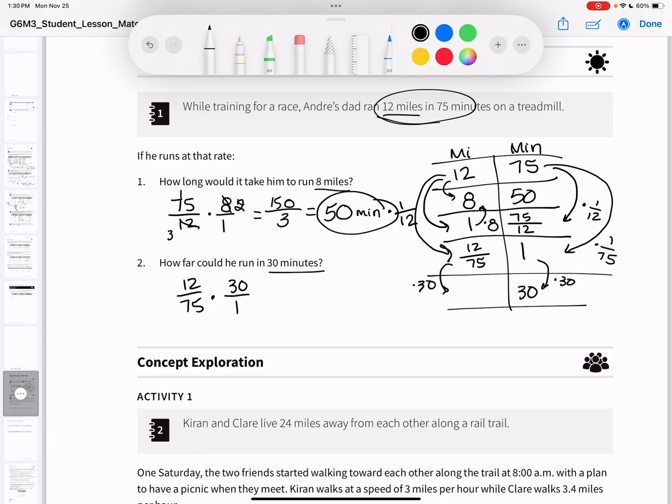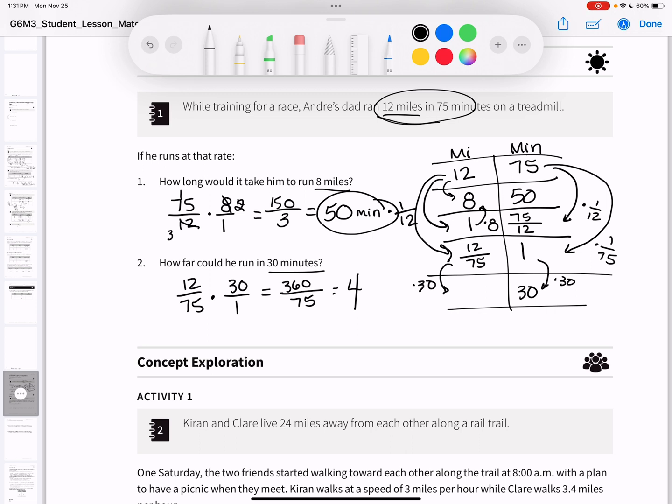Okay, so let's do that. 12 times 3 is 36. That's 360 divided by 75, right? All right, so how many times does 75 go into 360? Well, it goes 4. And how many do we have left over?